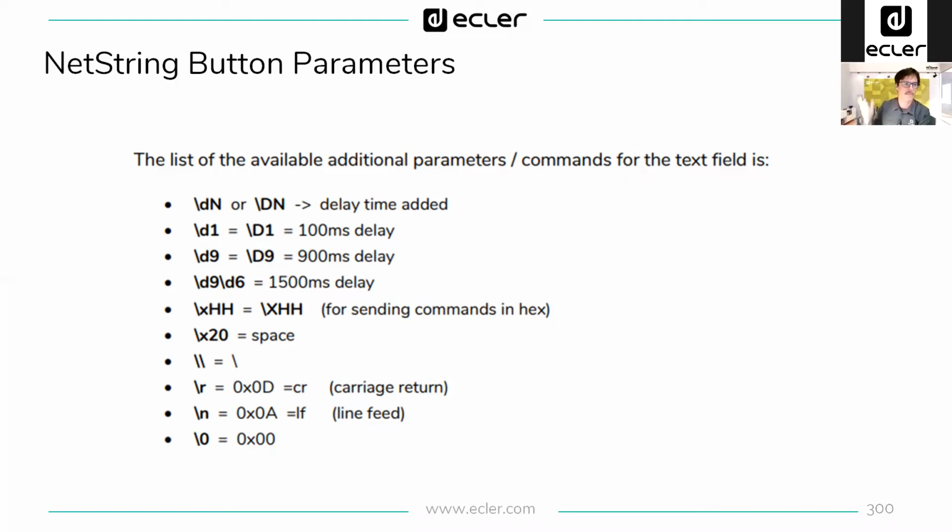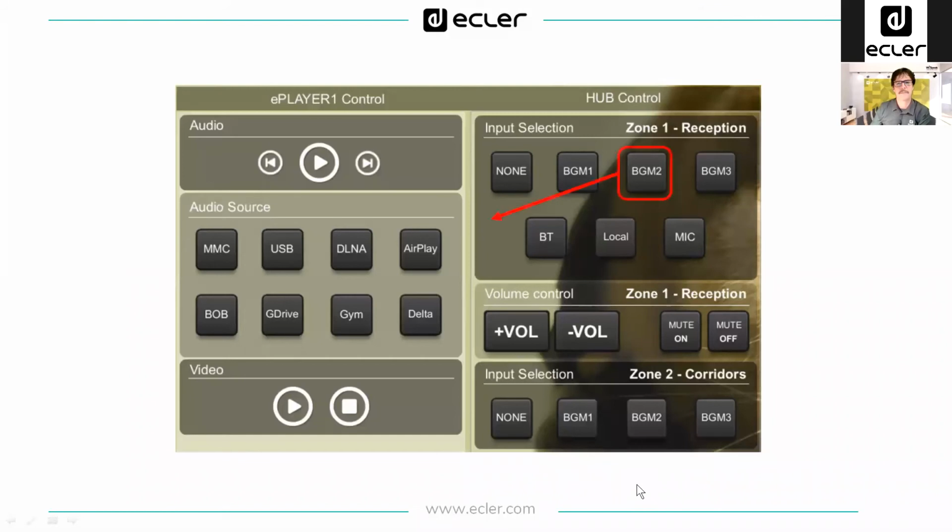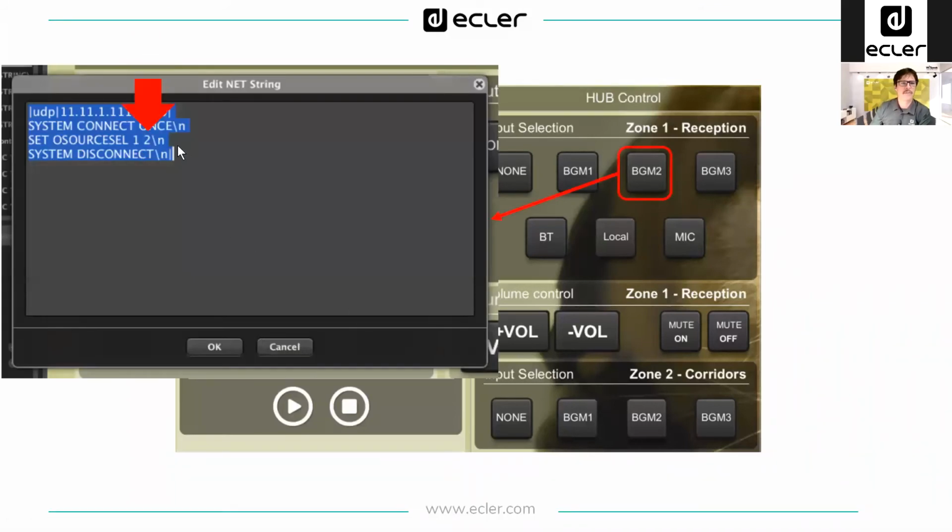It depends on Epson. It does not depend on us. So you have to investigate a little bit and contact the other manufacturer you want to control, and know what to introduce in the EclerNet Manager to control that device. Here you can have another instruction with, in this case, selecting number 2, zone 1, because this is zone 1.